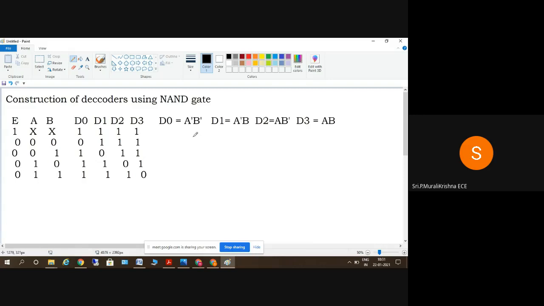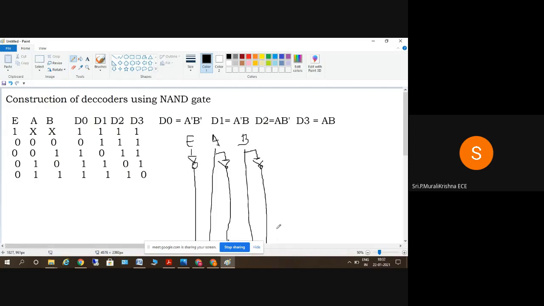We'll be having enable, which should be 0, so I'll use an inverter. I have enable and I have A and B. I'll be using NAND gates here. This is A bar, and B and B bar.